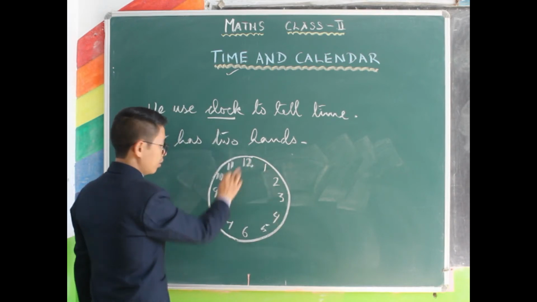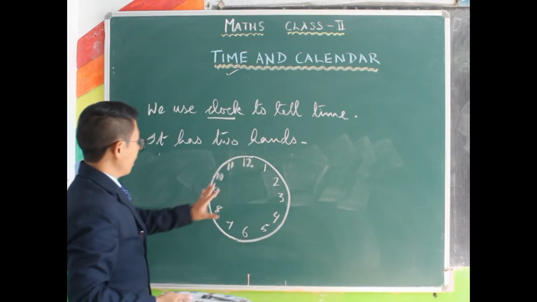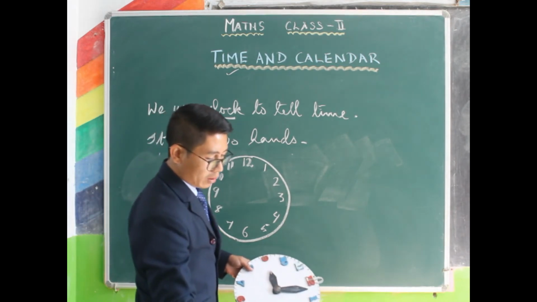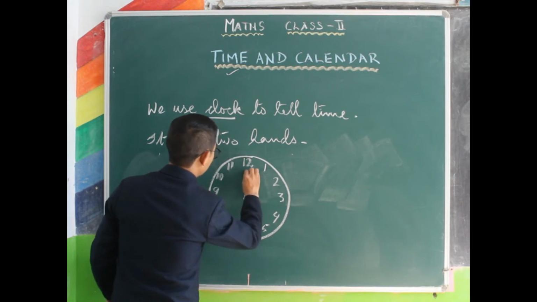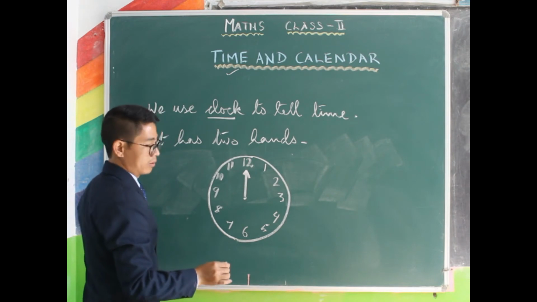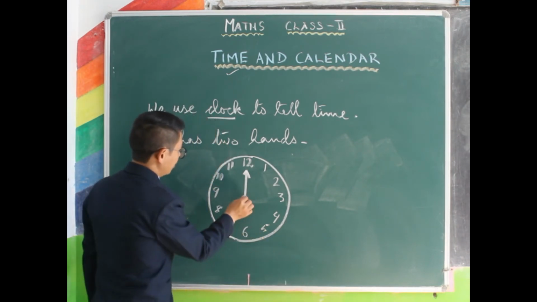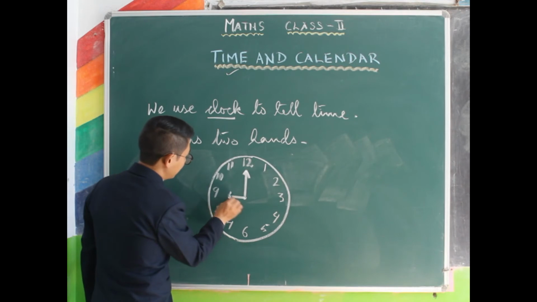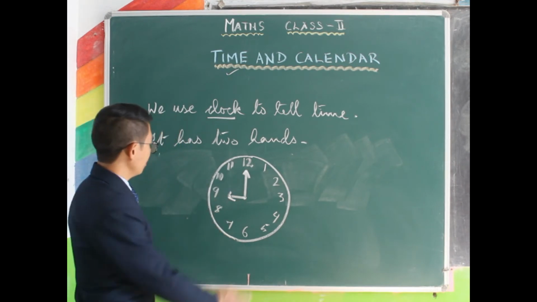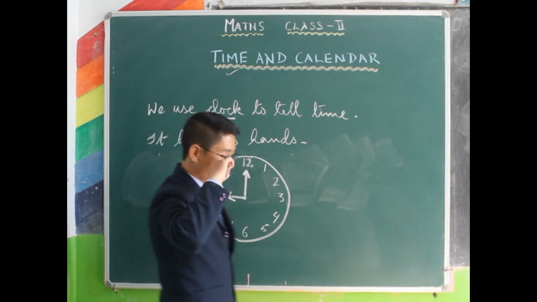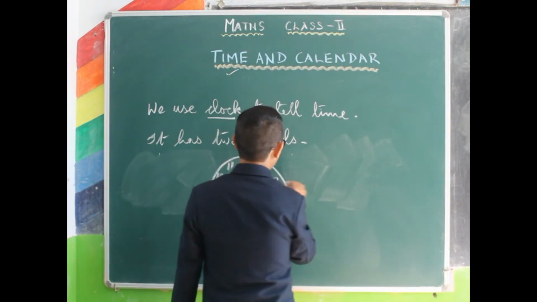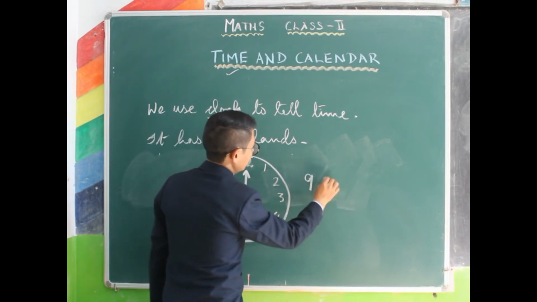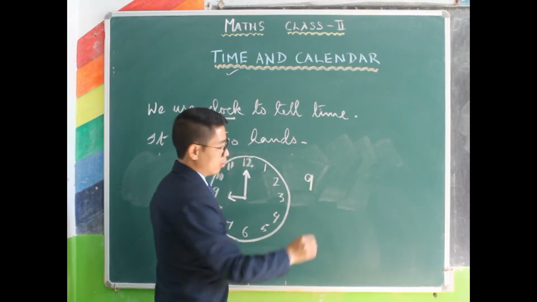According to the book, the minute hand is at 12, which is longer than the short hand. The short hand is at 9. Is this clear? The time here is exactly 9 o'clock.